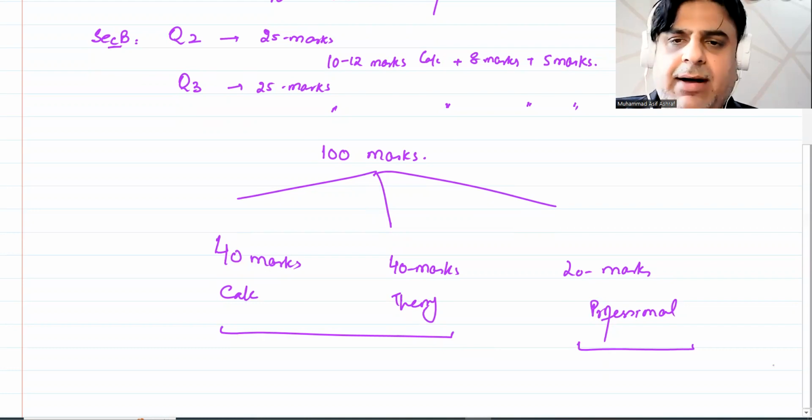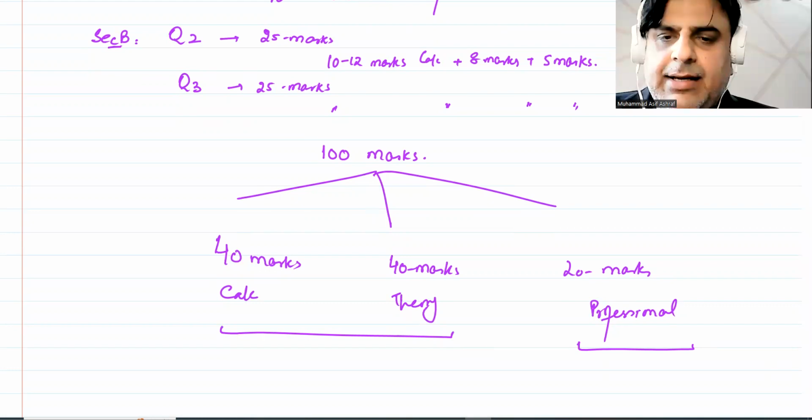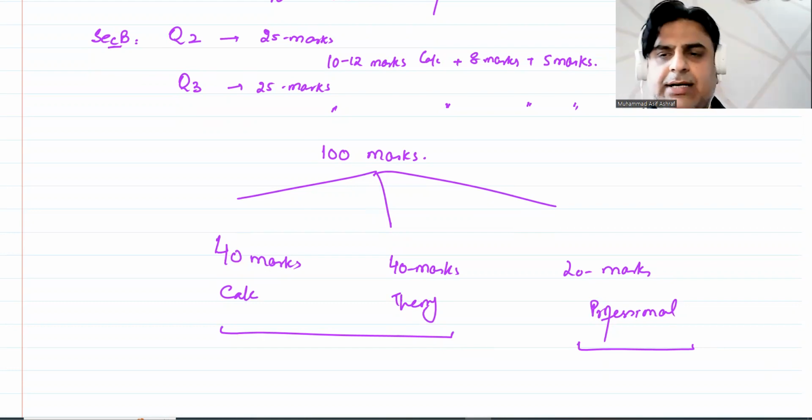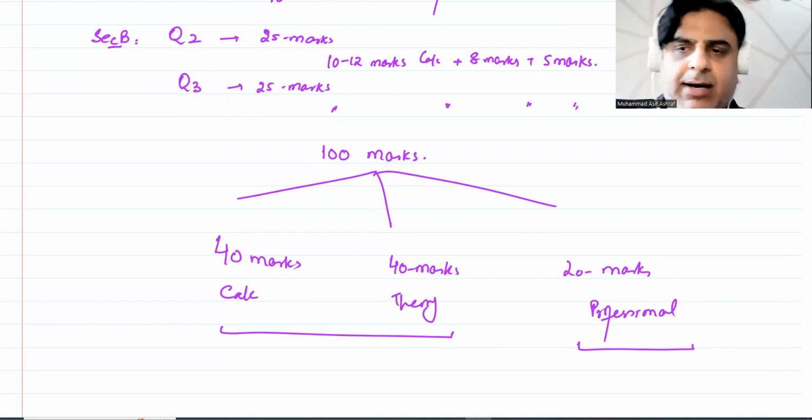But the thing which I noticed in yesterday's exam and in the previous exam as well, although students are required to answer only an 80 marks paper, even then they weren't able to complete the paper.